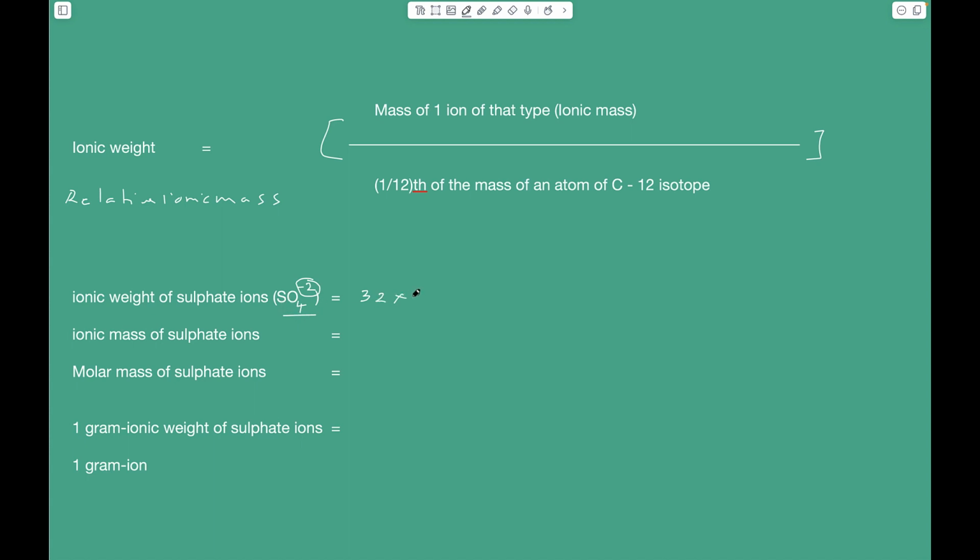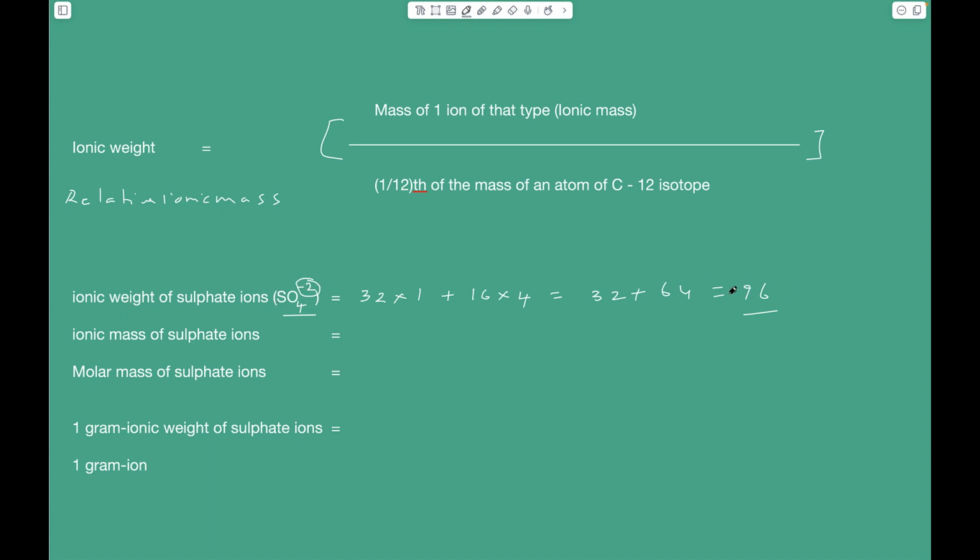So you multiply the atomic weight of sulfur with its subscript, plus the atomic weight of oxygen, approximately 16, and its subscript is 4. So 16 times 4. So that becomes 32 plus 64. Is it 96? Yes. That is the ionic weight of sulfate ion.